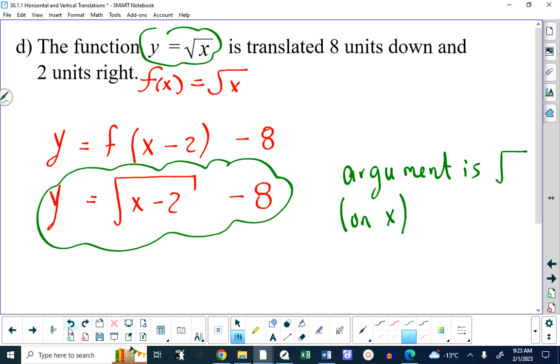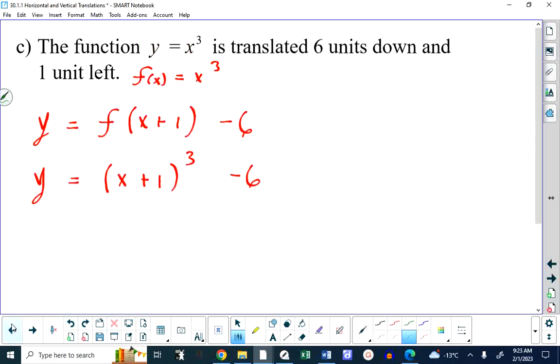So when I take a look at D and I say, what is the argument? The argument is the square root. If we go back to C, I believe C had the cubed. What is the argument in this function? Whether it's the original or the transformed, the argument is cubing. It's what's happening operationally to the thing that contains x.